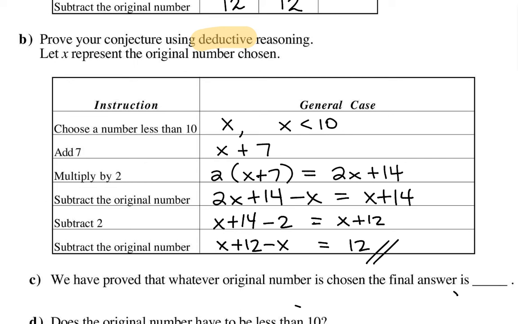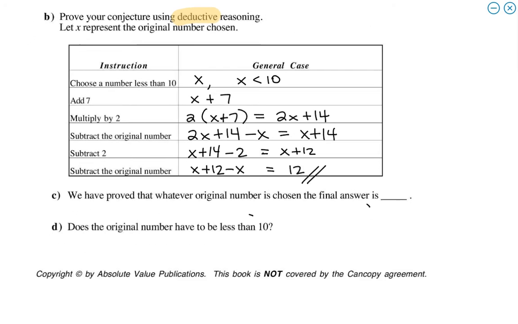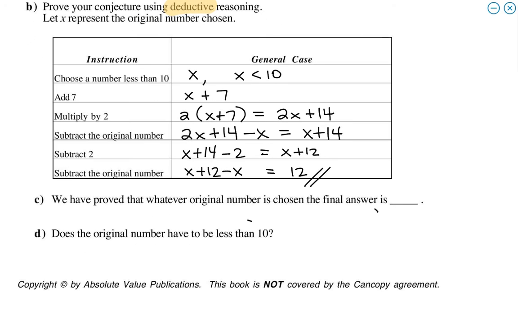That is mathematical proof, deductive reasoning, or logic. The stuff above was all inductive, like it was just trying stuff out. So we have proved that whatever original number is chosen, the final answer is 12. Does the original number have to be less than 10? No. You can in fact use any number.